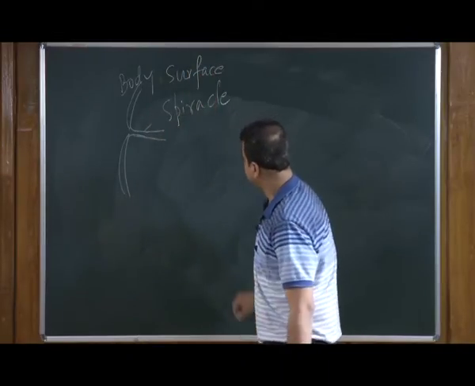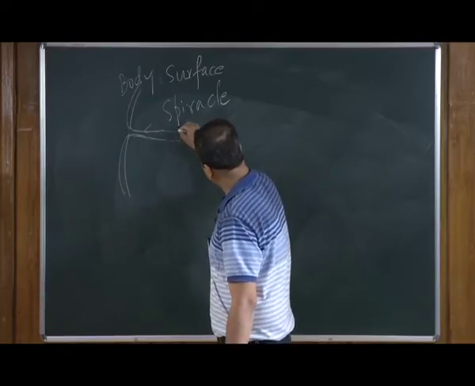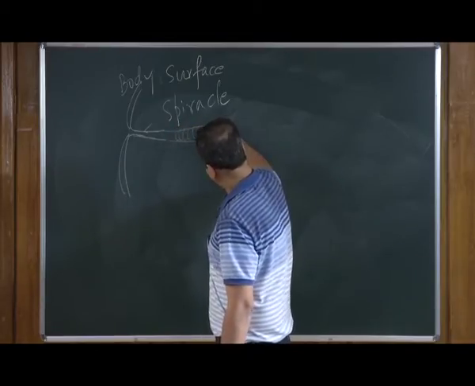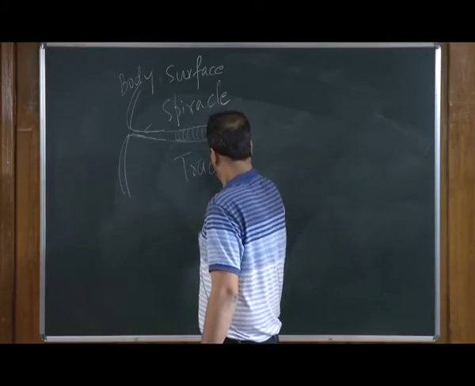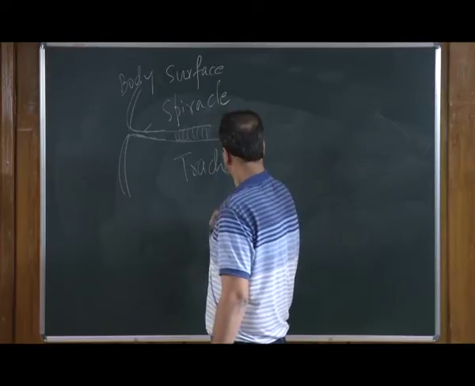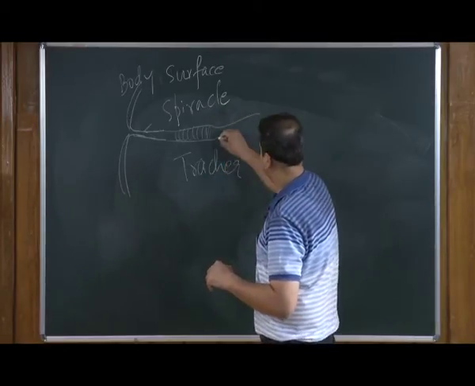So, this spiracle will eventually continue into a tracheal structure, we call it trachea, and this trachea continues into tracheole-like structures.